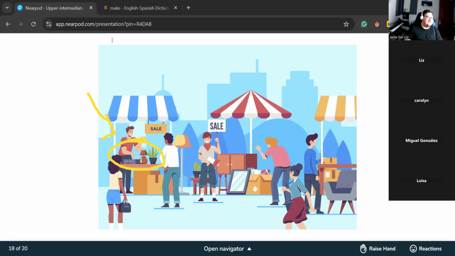So I can say, for example, a lamp is sold on the first kiosk. Okay, so that's one way of describing one little thing, but there are many things happening.